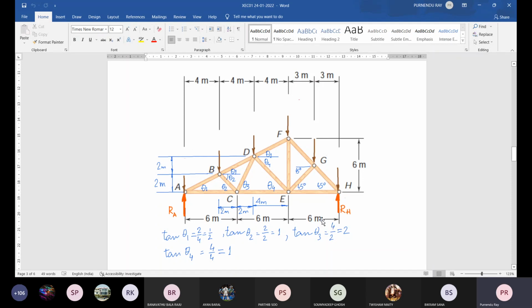And we can develop another independent moment equilibrium equation about A. Then sigma MA is equal to 0 will give you RA eliminated directly. RH is the only unknown, and the other forces have their magnitude and direction known.